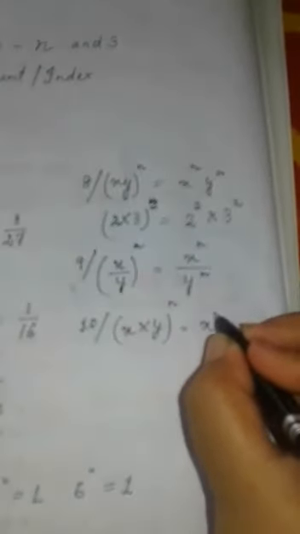We can write it as x raised to the power n into y raised to the power n. So number 10 is the same as number 8. I hope you have understood it.